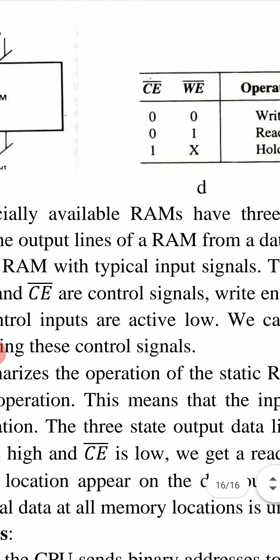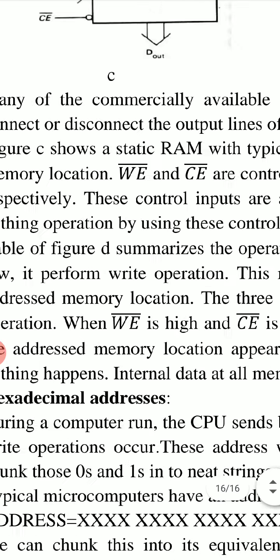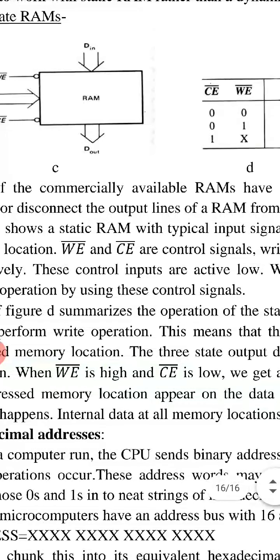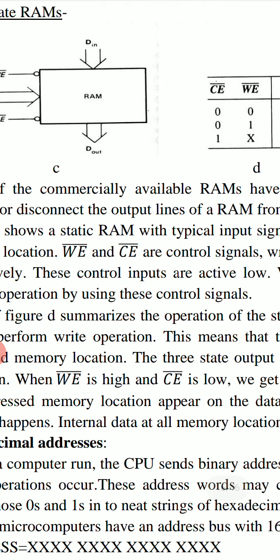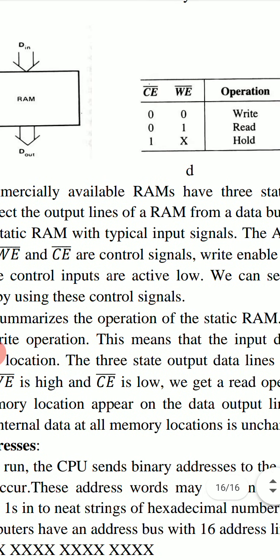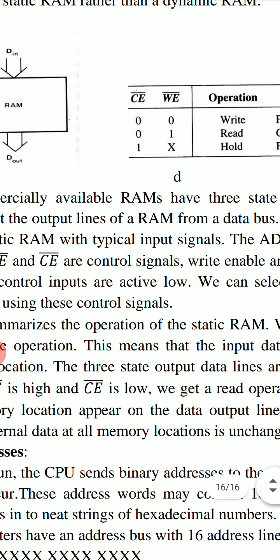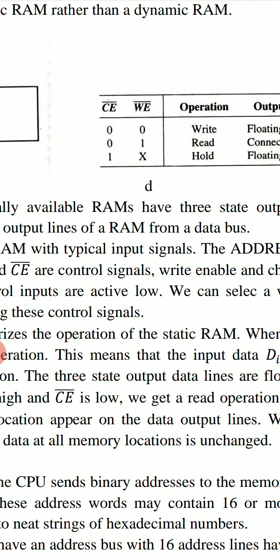And in this case, the data of an addressed memory location is shown in output line D output. When CE bar is inactive, it is 1, then it will do nothing. WE bar may be 0 or 1. Operation is hold, it means it will do nothing.